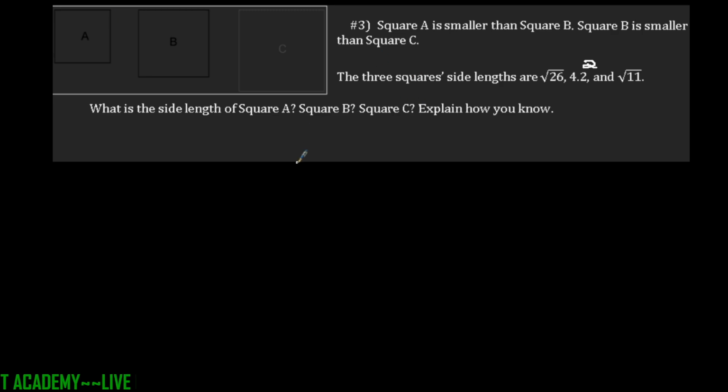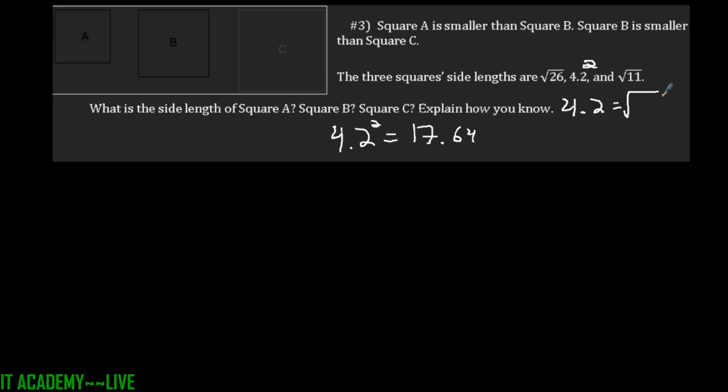So 4.2 squared is equal to 17.64. And I'm saying, okay, my side length 4.2 is equal to the square root of 17.64. And what I can do is compare.